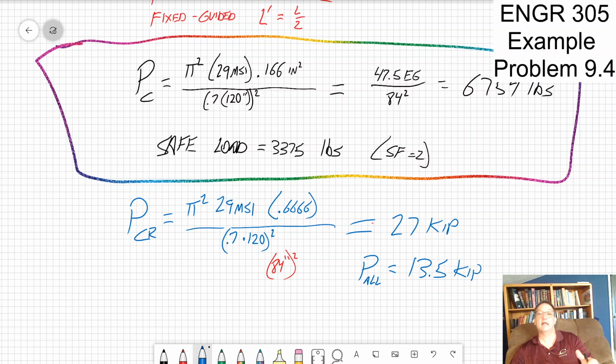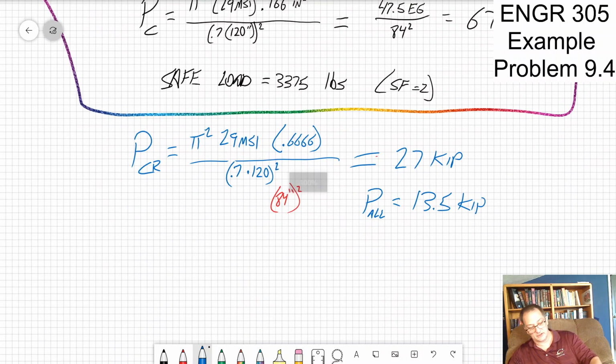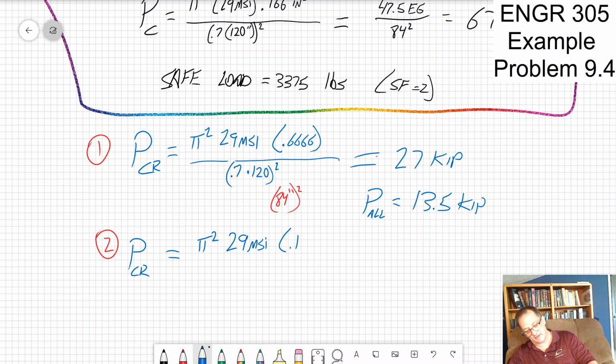And then they did it the other way. I'll call this 1, here's 2. In the other direction, still pi squared E, 29 MSI. But now this is not as stiff, but I'm using the shorter length. So in other words, they hooked it up the smart way.